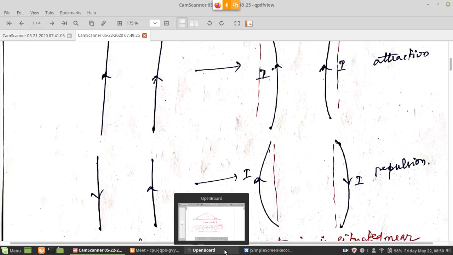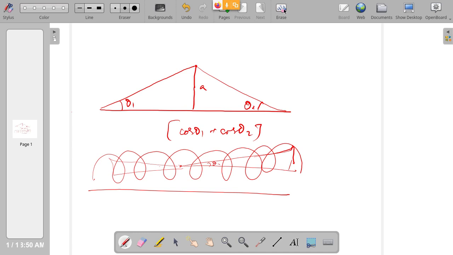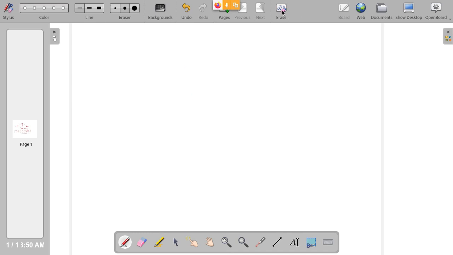Charges we have studied in electrostatics. If there are same charges, positive, the force is repulsive, and for opposite charges it is attractive. Here, same direction current, what happens? They attract.